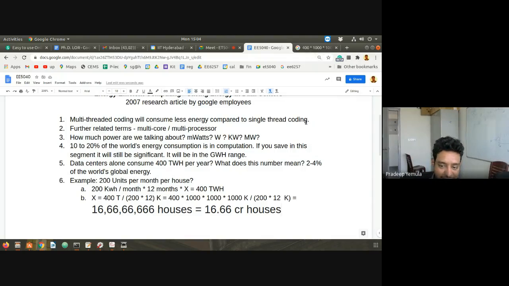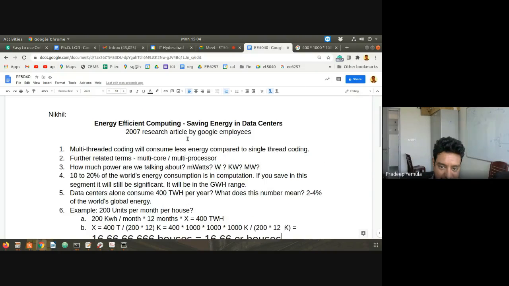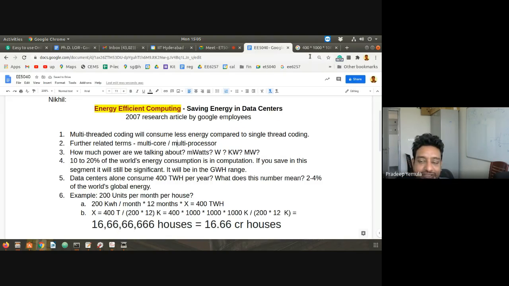I think we had a good discussion on this topic of energy efficient computing. Let me highlight this topic now. Does anybody want to add more questions or take this discussion in some other direction?